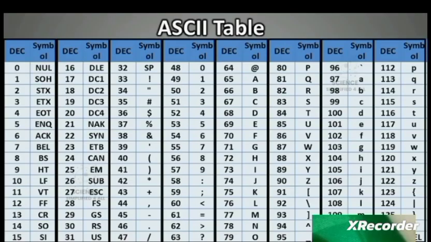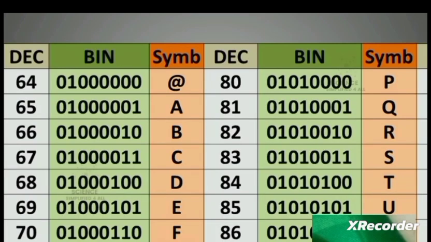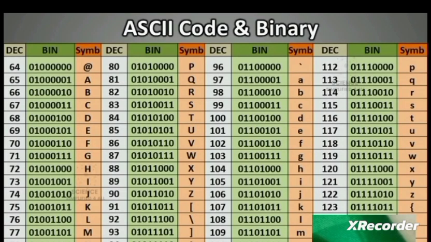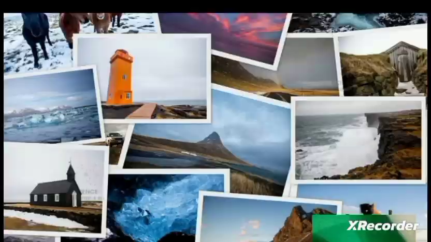The important point is this: whenever we type any text, every character has a corresponding ASCII code. That code has a corresponding binary code, and in memory, the on-off states of capacitors represent that binary code. This is how all text content is stored inside a computer.